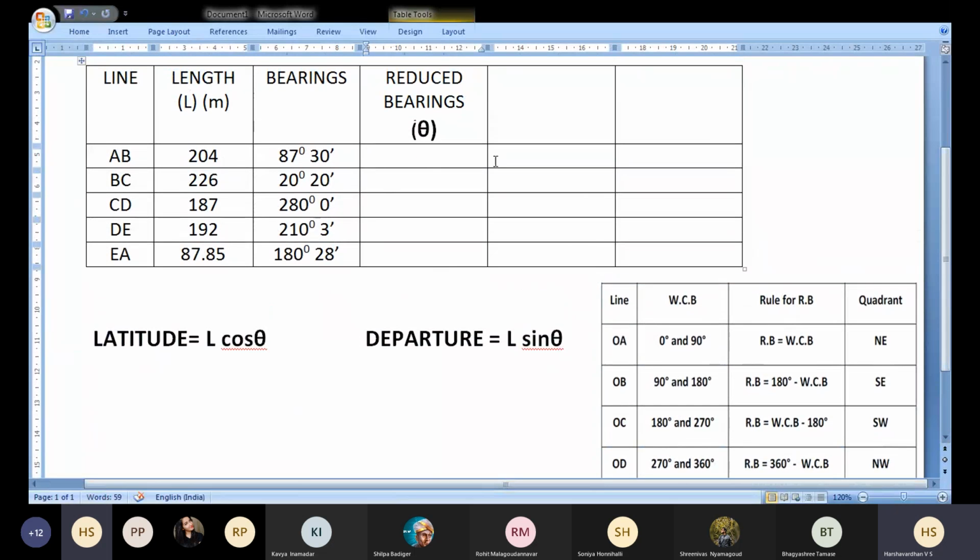So for line AB, whole circle bearing is 87 degree, 30 minutes. So it lies between 0 and 90 degrees. So reduced bearing will be equal to whole circle bearing. So it will be same. But we have to write the quadrants as well. So 0 to 90 meaning it is in northeast quadrant. North, east.